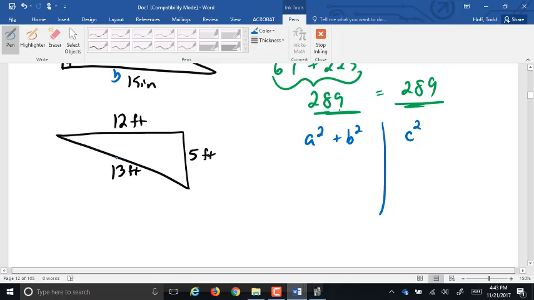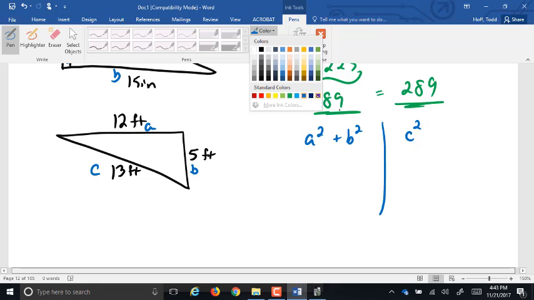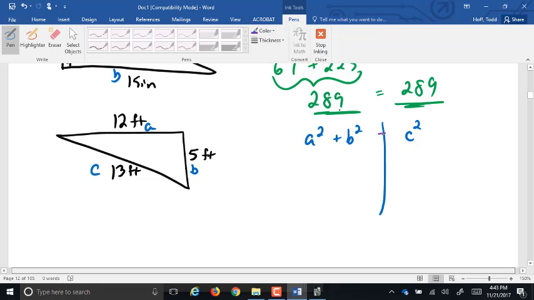The 13 is the longest side. That would have to be side c. So 5 and 12 would have to be a and b. It doesn't matter which is which. Now notice I didn't put in an equal sign here because we don't know if they're equal yet. We're just going to calculate a squared plus b squared, then calculate c squared, and then compare to see if they are the same.